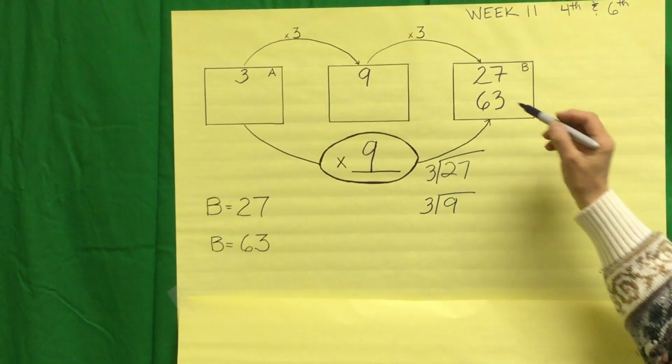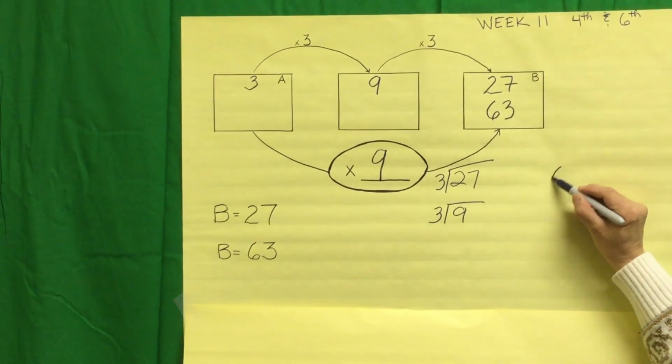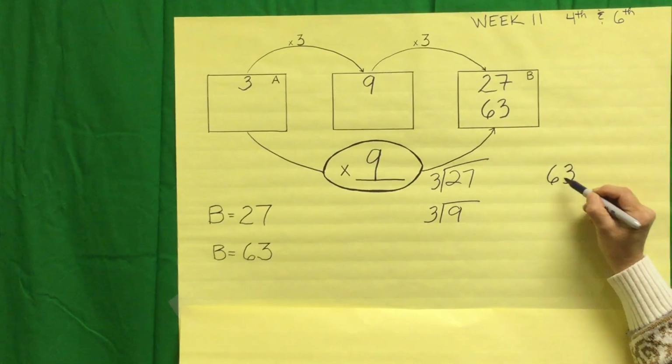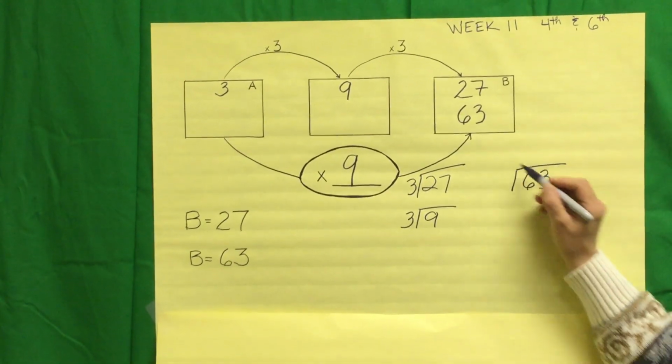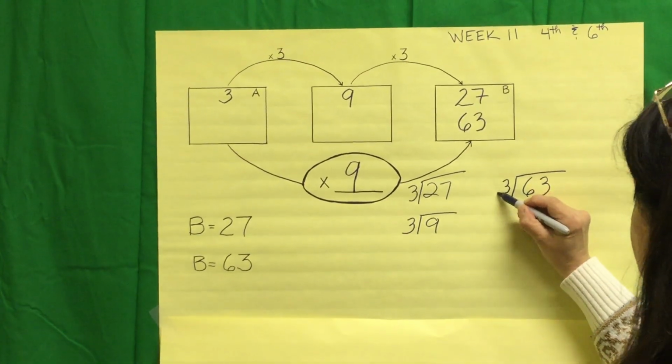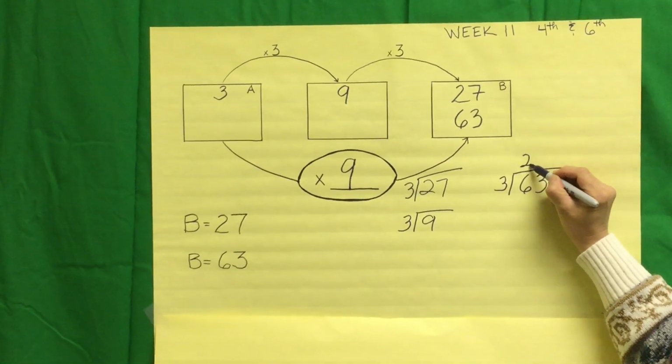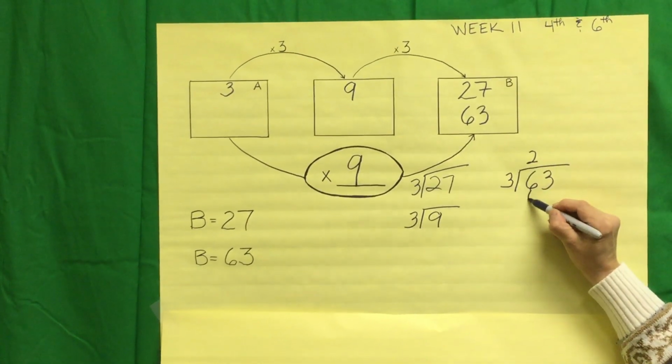So we do the same thing again. We take 63 and we divide that by 3. So we get 21.